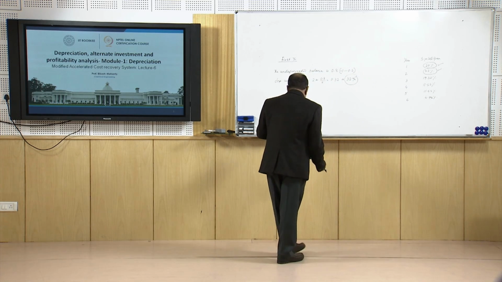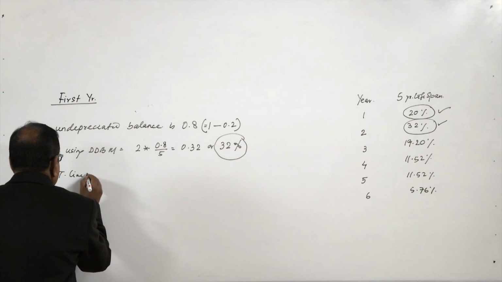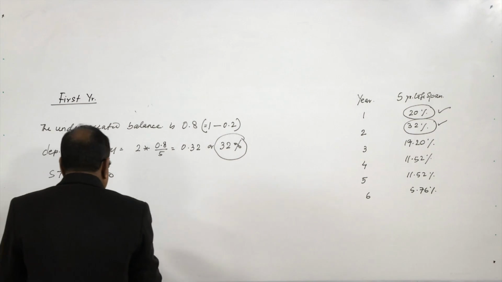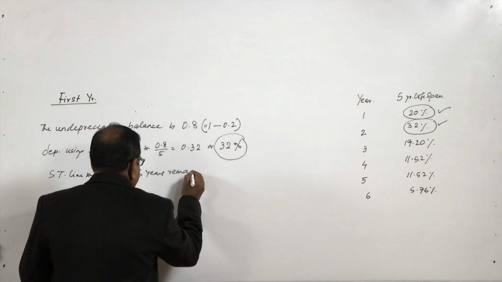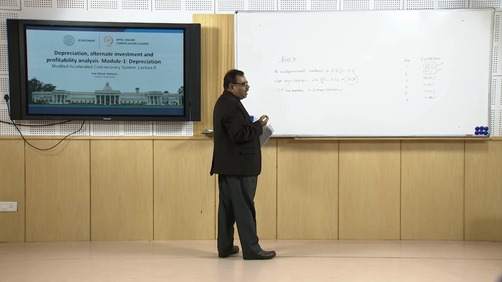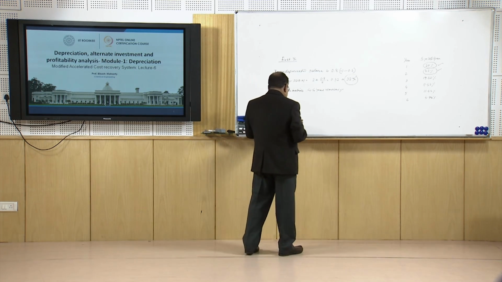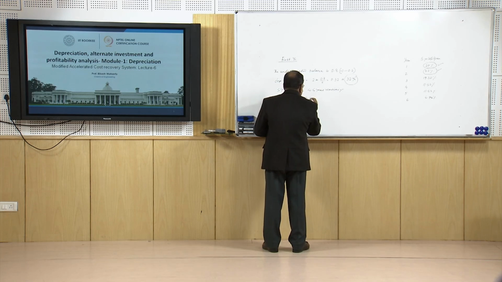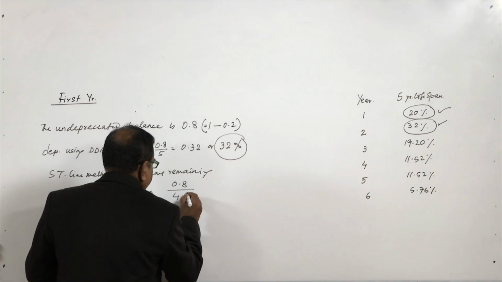Now, if you see the straight line method, so this is 4.5 years remaining, because that was half year's convention, we deducted half year from it. So, it is 4.5 years, and the depreciation using straight line method, remaining balance is 0.8 and remaining years is 4.5.